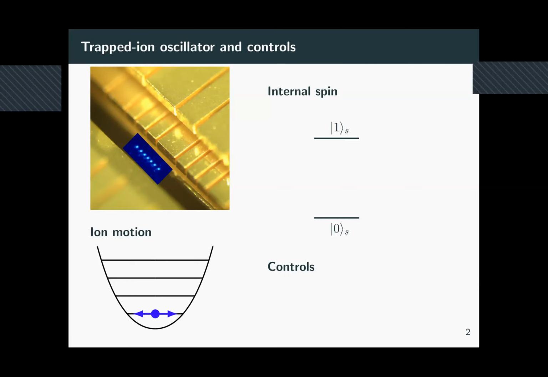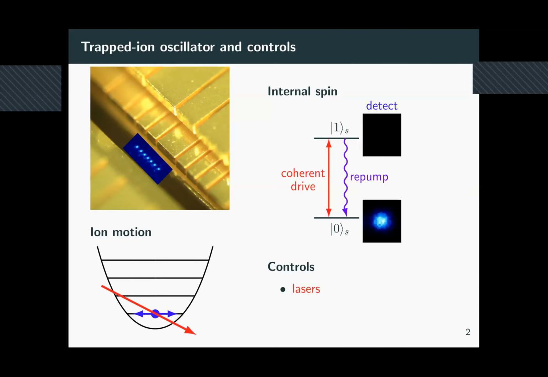And the main controls that we have on this system come from some lasers that we shine on these ions. I mean, this is a very oversimplified picture, but the main thing you need to understand is that with these lasers, we can do coherent drive of the spin system. We can do what we call a repump, which resets it to the 0 state of the spin.